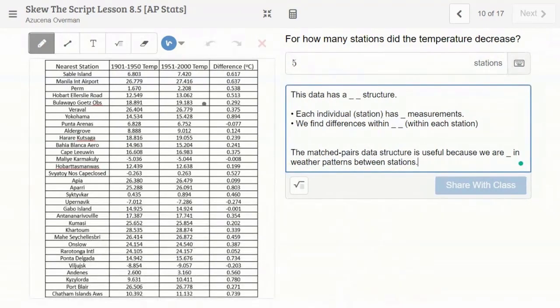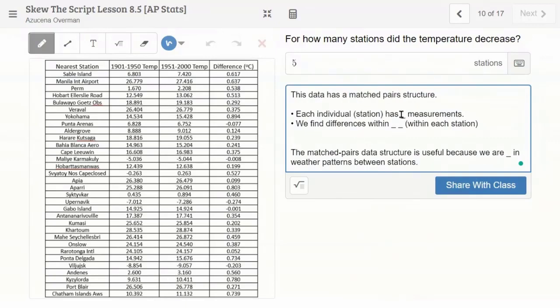All right. So the data has a blank structure. Let me go ahead and go there. So we have what's called a matched pairs structure here.